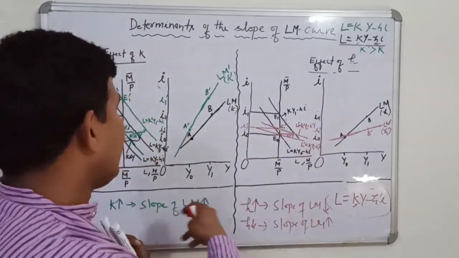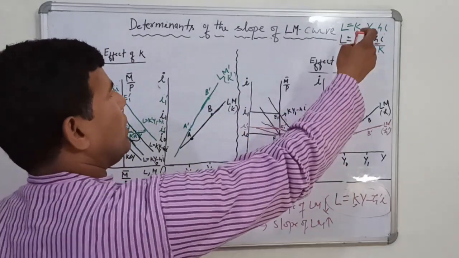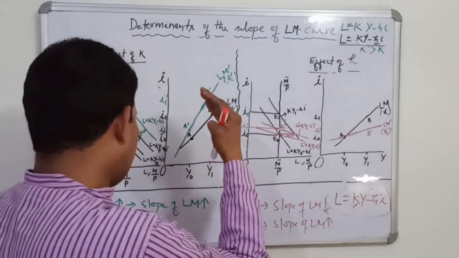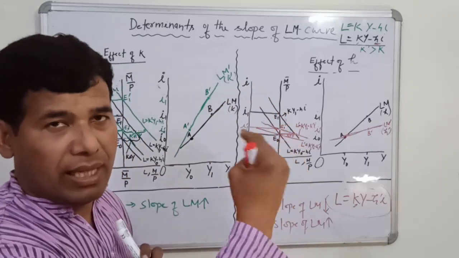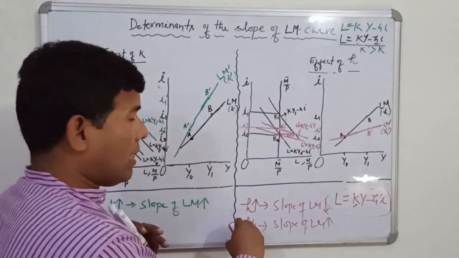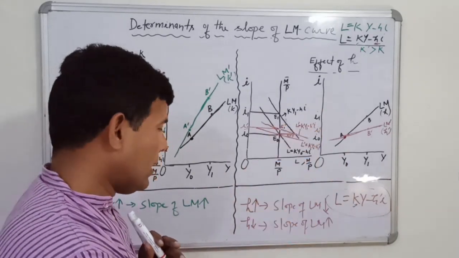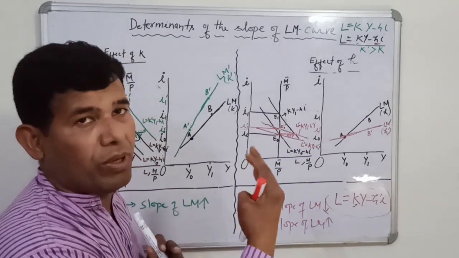Just to repeat, the slope of the LM curve is determined by the value of K and the value of H. More K, the slope of the LM curve is higher. Less K, the slope of the LM curve is lower. Higher the value of H, the slope of the LM curve is lower. Lower is the H, higher is the slope of the LM curve.